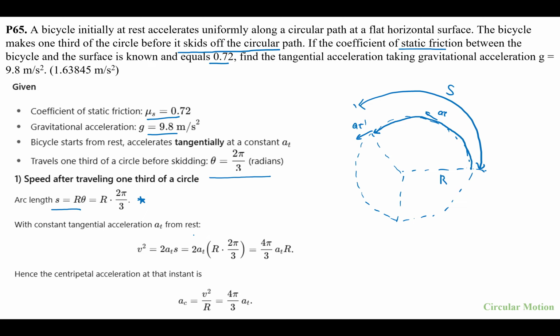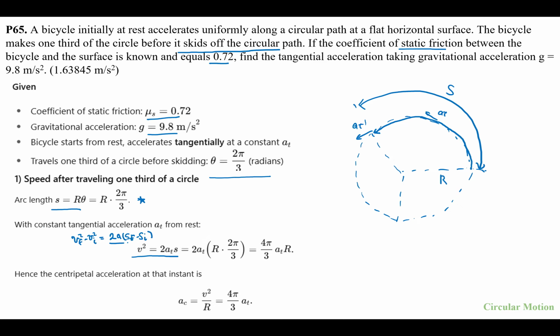And then for this distance, this displacement, if it is a constant acceleration, then we should have this relationship: v final squared minus v initial squared is given by 2a times s final minus s initial.